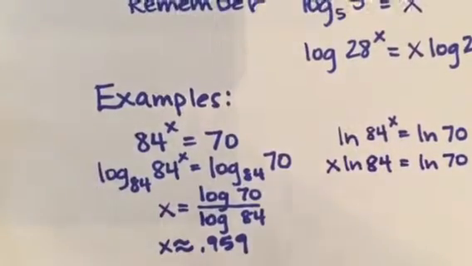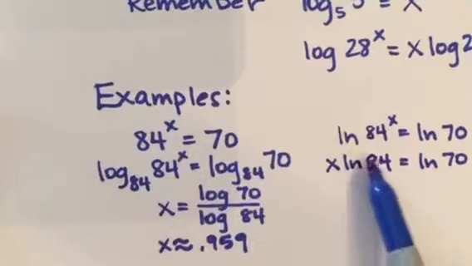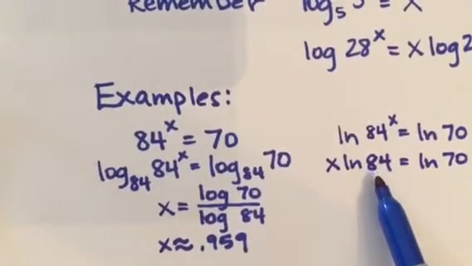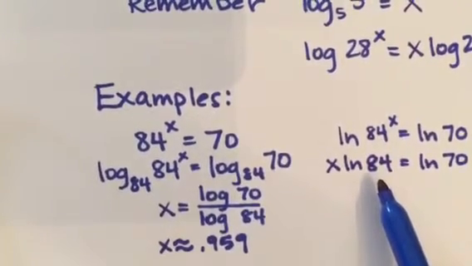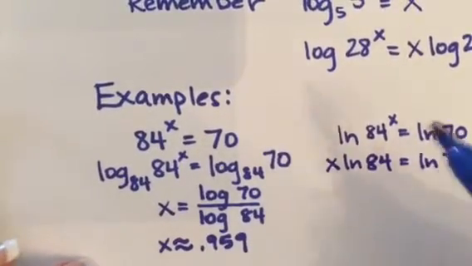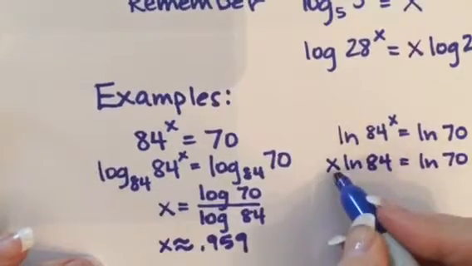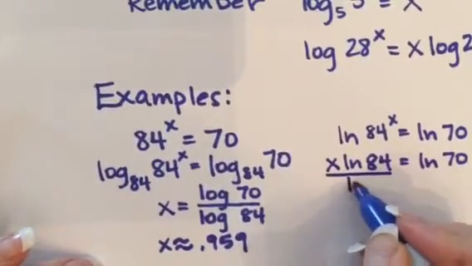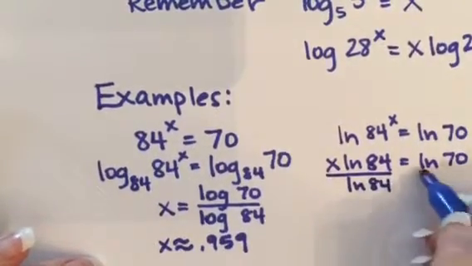Okay, so what I have is x being multiplied by some value, ln of 84, which is truly a value, although it's hard for us to see it, and that's equal to another value. So I want to isolate x by dividing by that ln of 84.